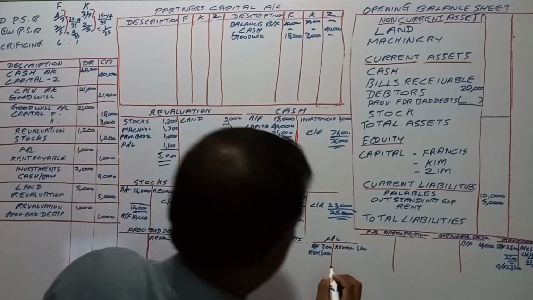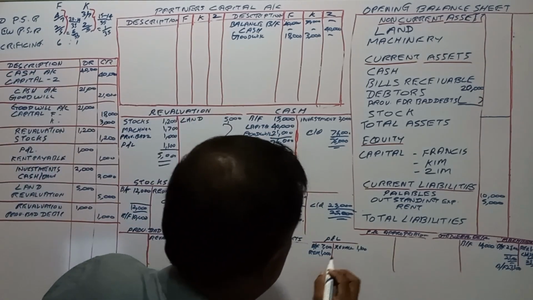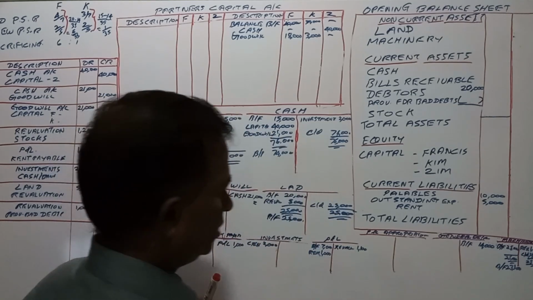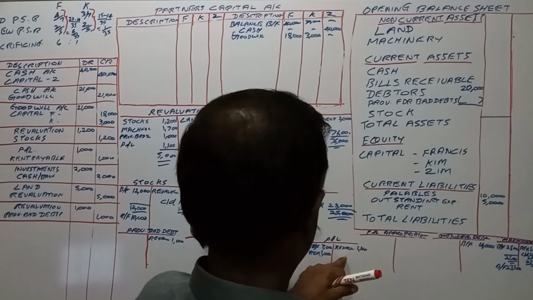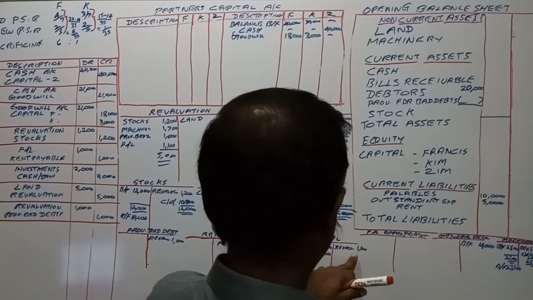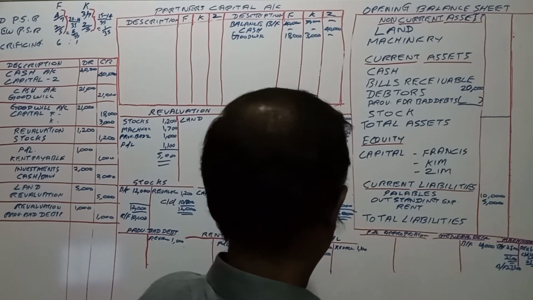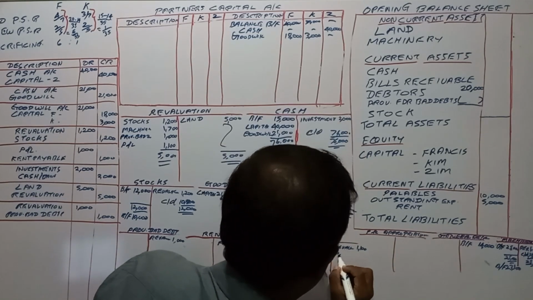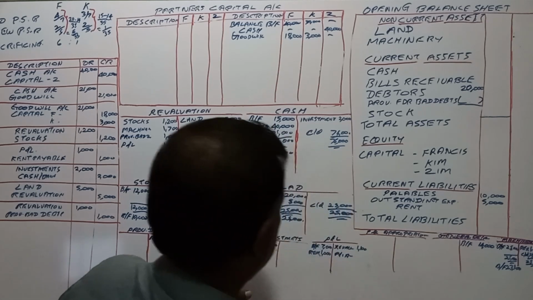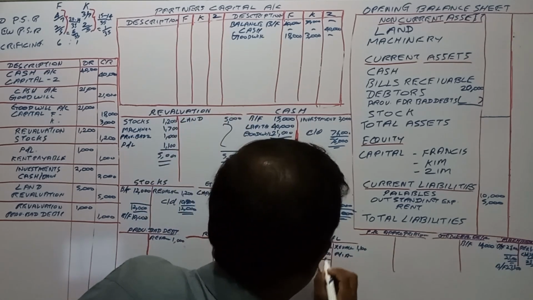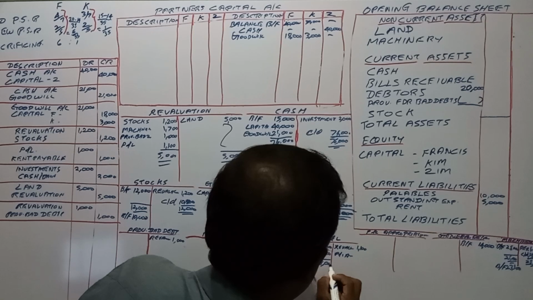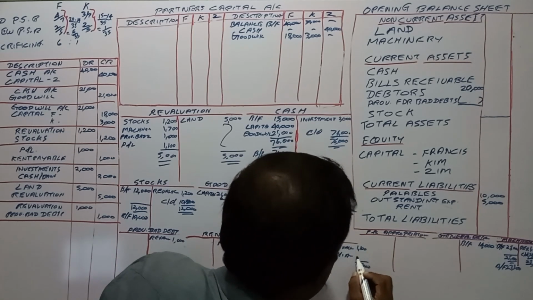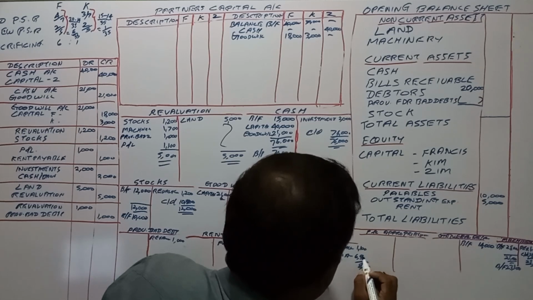Profit and loss account has to be transferred to the profit and loss appropriation account, right? 8,000, 6,900.